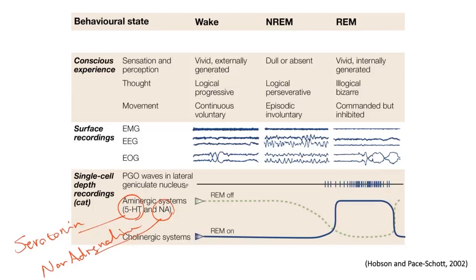These two neuromodulators are basically REM off. So they are in place in wakeful situation. They would be a little bit lower or at the same level in REM, and they would be out during REM.